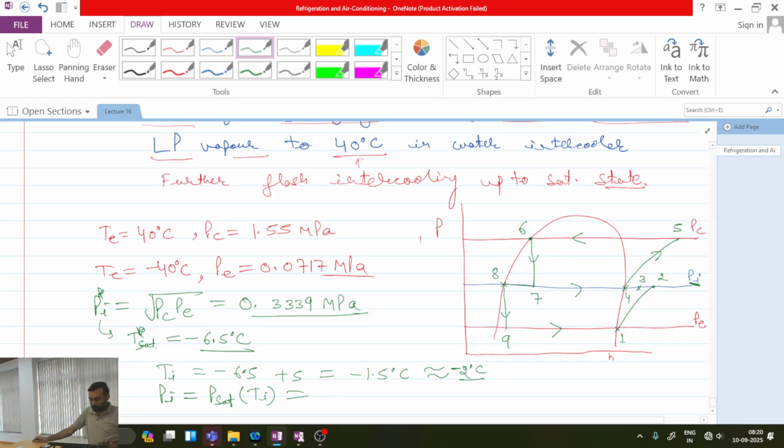Okay, so now Pi will be what? Intermediate temperature I have determined as minus 2 degrees Celsius, so this will be the saturation temperature. Corresponding to it, whatever is the saturation pressure will be my intermediate pressure. So how much is Pi? Please tell me. Correct, 0.3982.